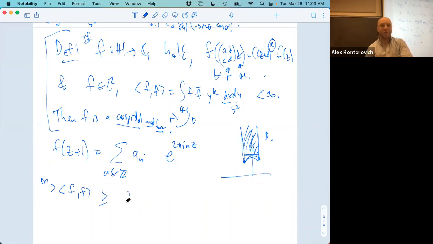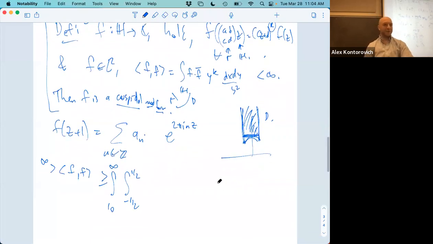I'll make the integral even smaller by integrating over something where I can completely separate the roles of x and y. So x will go from -1/2 to 1/2, and y will go, let's say, from 10 to infinity. I'm eliminating some compact region and only integrating in this cuspidal region, which is what will be a cusp point. Then I have the norm of f squared dx, and then y to the k dy over y squared. Everything's positive, y is positive.